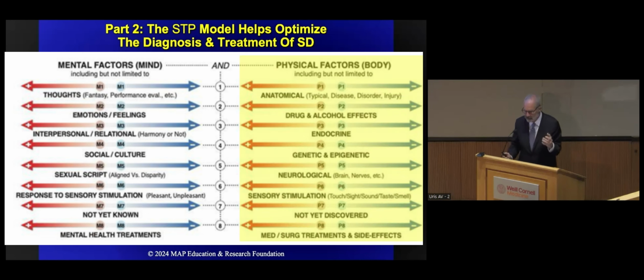The physical factors are anatomical, drug and alcohol effects, endocrine, genetic and epigenetic, neurological, stimulation or actual touch, the physical touch, the friction, again, the unknowns, and previous medical or surgical treatment. Same thing on the mental side.